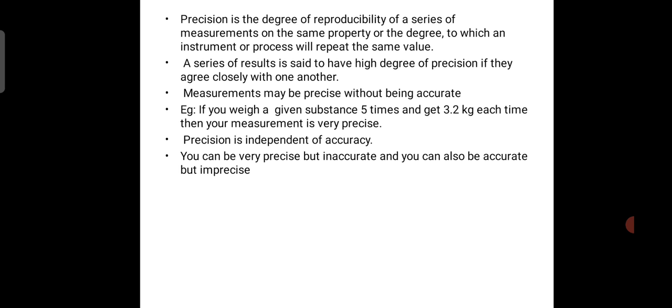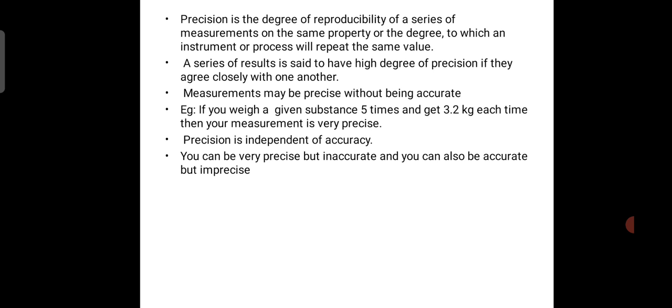Then precision. What do you mean by precision? Precision means how close the values are to each other. For example, we are measuring a substance using a weighing balance 3 or 5 times, and I'm getting 3.2 kg each time. Then my measurement is precise.